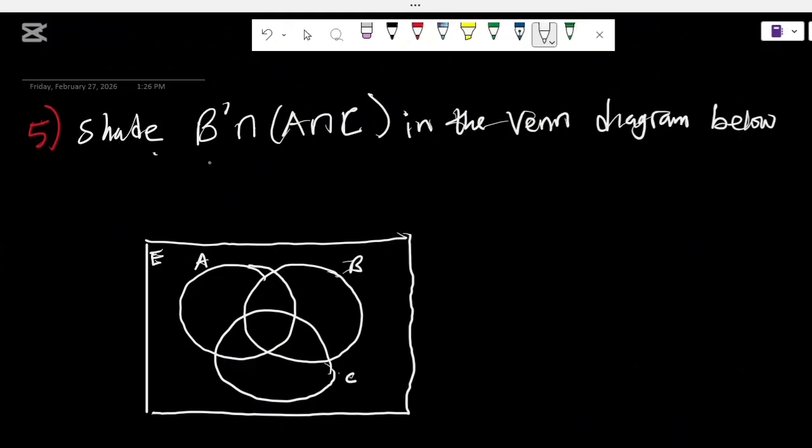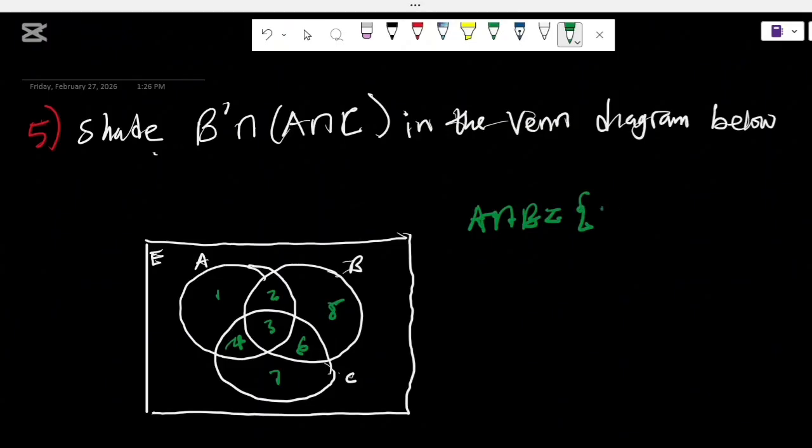Question 5. Shade B complement intersection A intersection C in the Venn diagram below. Notice that we only have intersection here. So let's try to write down numbers to help us here. 1, 2, 3, 4, 5, 6, 7. So here A intersection B is going to be, what is common in A and B?